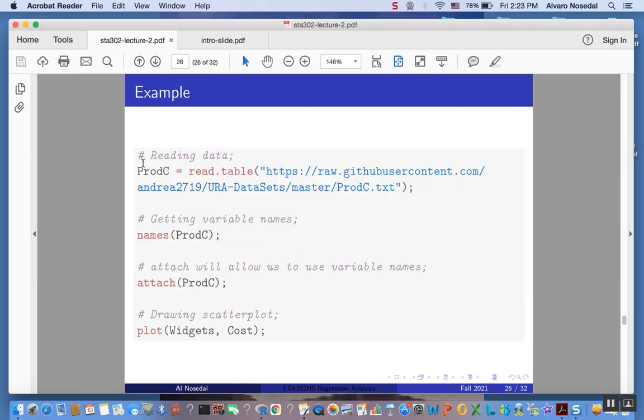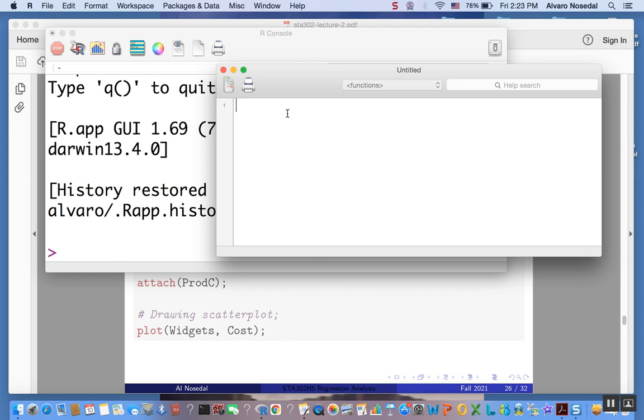And then I want you to copy and paste these first 3 lines, these commands from R onto that new script. Okay.